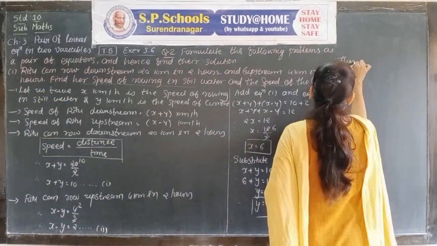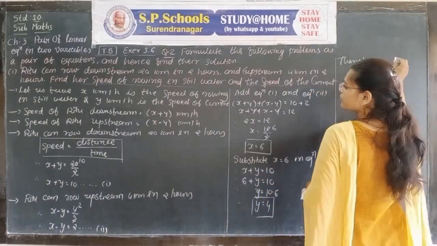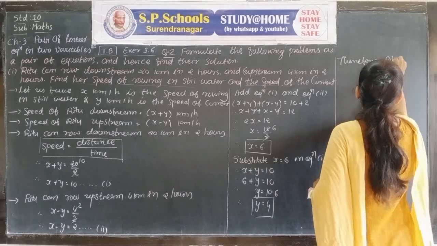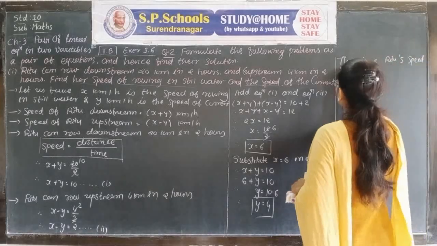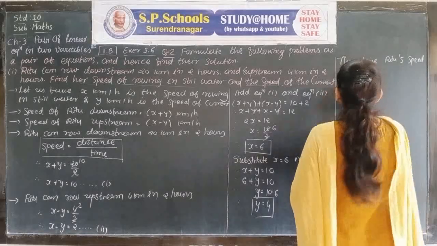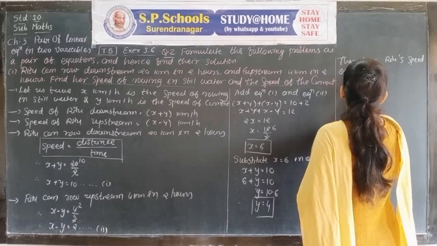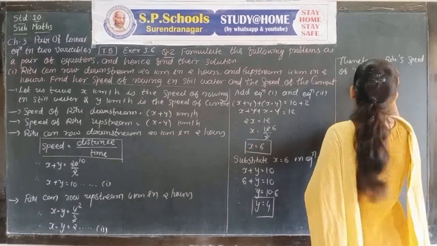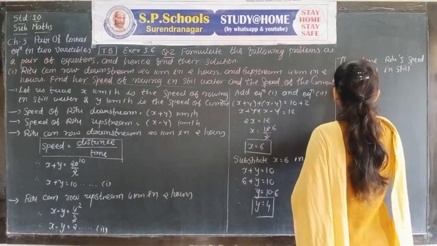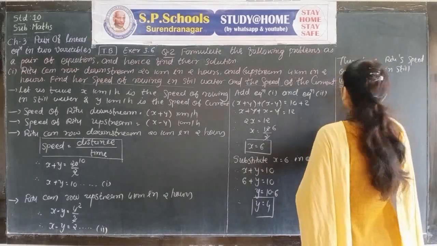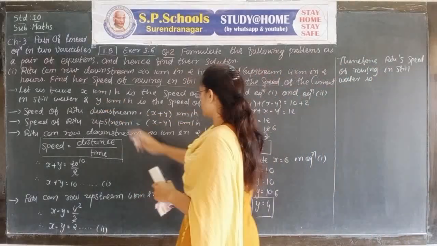Therefore, answer in a sentence is compulsory. Ritu's speed of rowing in still water is x km per hour.